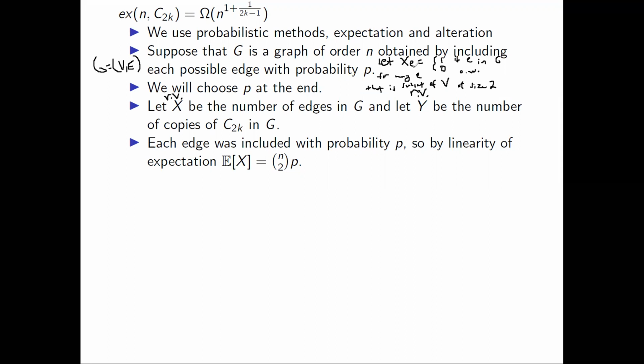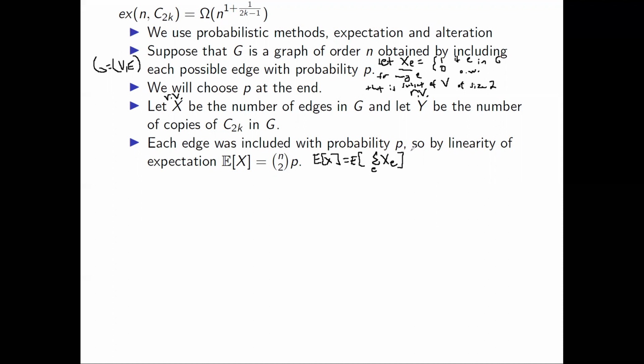So for each e that's a subset of V of size 2, the indicator random variable X_e equals 1 if e is an edge of G and 0 otherwise. And I claim then that the expectation of X that we're trying to calculate here is equal to the expectation of the sum over these e's of X_e.